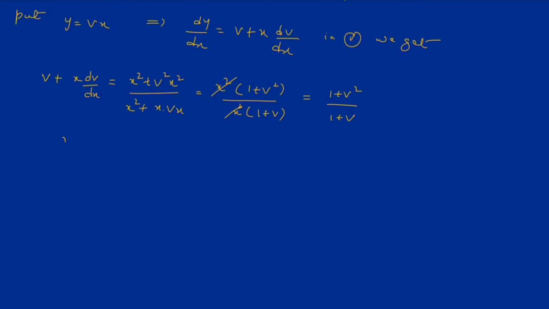Therefore again take x dv by dx, this plus v take on RHS, it becomes 1 plus v square upon 1 plus v minus v, right?